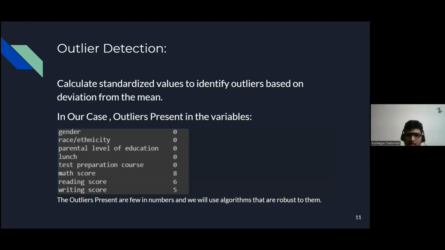Using the interquartile range, we have set the threshold, and as you can see, the outliers are quite low in number when compared to the 1,000 values that are present. So we can kind of ignore those outliers, as in the future we will be using algorithms that are already robust to outliers.